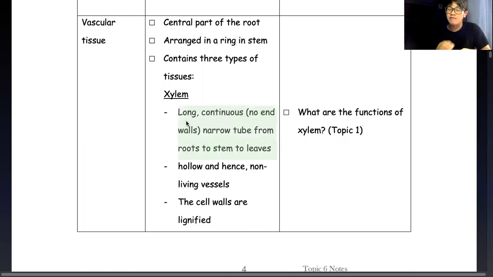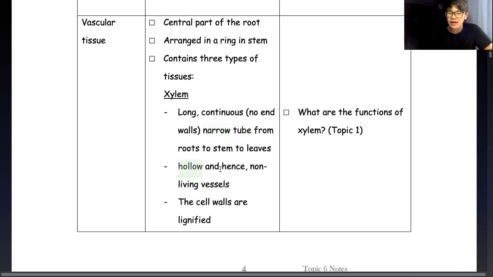So ia very panjang, it is continuous, bermula dari rootsnya, bersambung ke stemnya sampai to every other part of leaves-nya. Okay, so it is very long, it is continuous. Maksudnya, ia bersambung semua sekali. Ia bersambung, tidak ada end walls. Maksudnya, tidak terputus. Okay, and it is a narrow tube, so it's a straw, from roots to leaves.